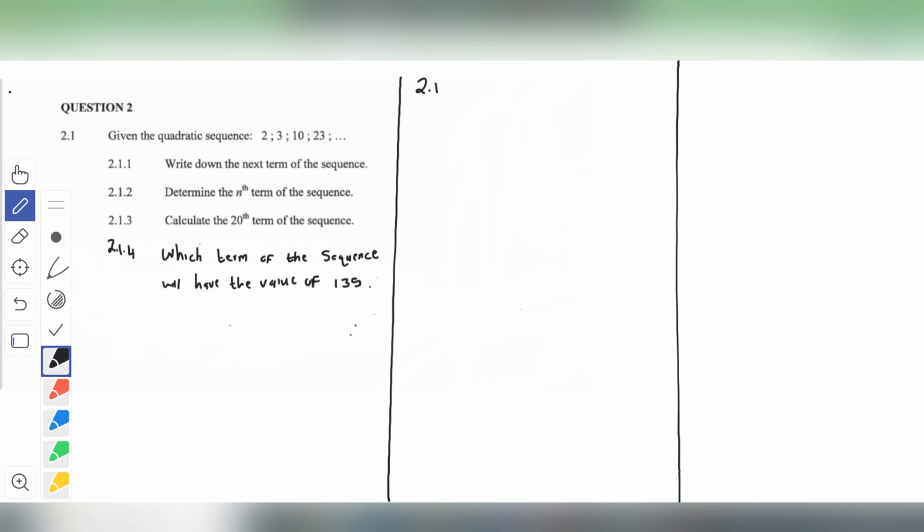So in today's lesson we are going to talk about number patterns, but we are only going to focus on quadratic sequences, right? From this lesson, I'm going to show you the ways of addressing the exam.